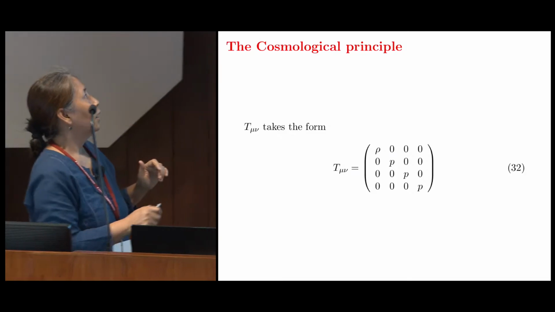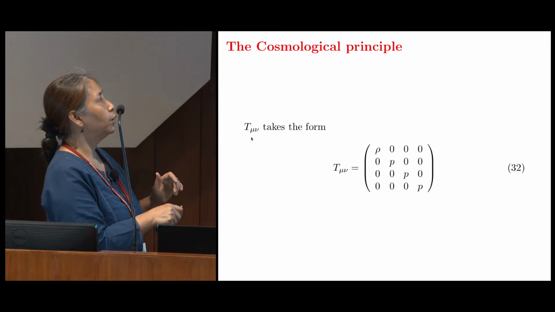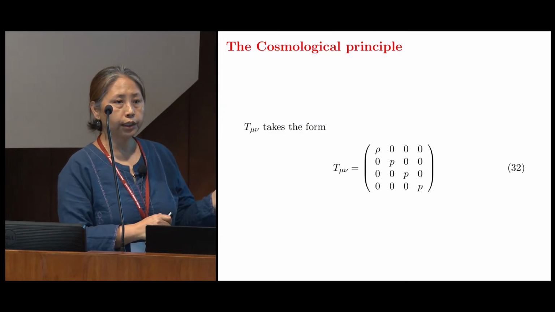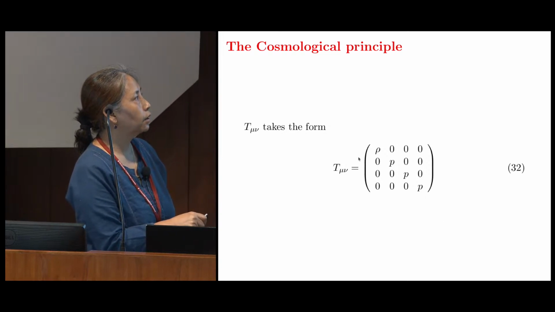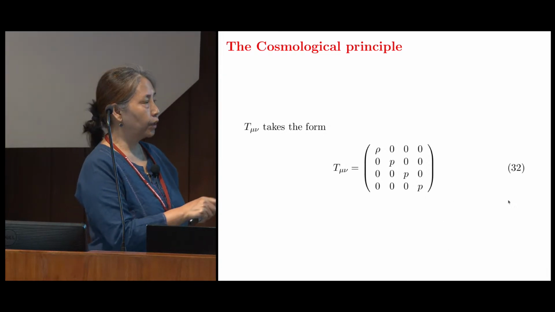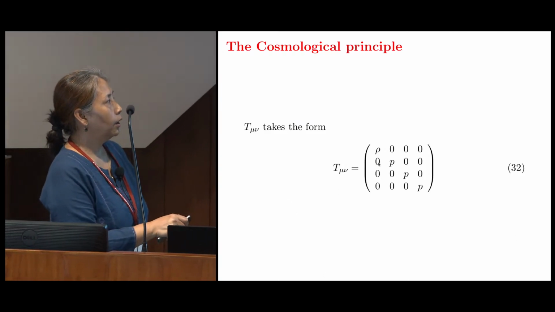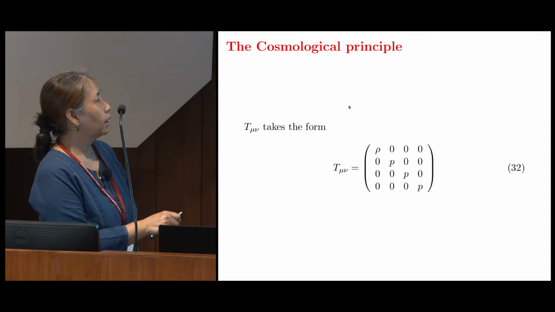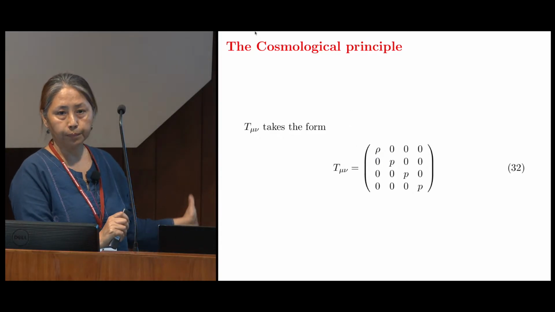On the right hand side, T mu nu, because of the homogeneity and isotropy, all these terms have to be 0. So T mu nu has the form of a perfect fluid. All the pressures are equal, and there is energy density in the 0,0 component. So it has only this form.